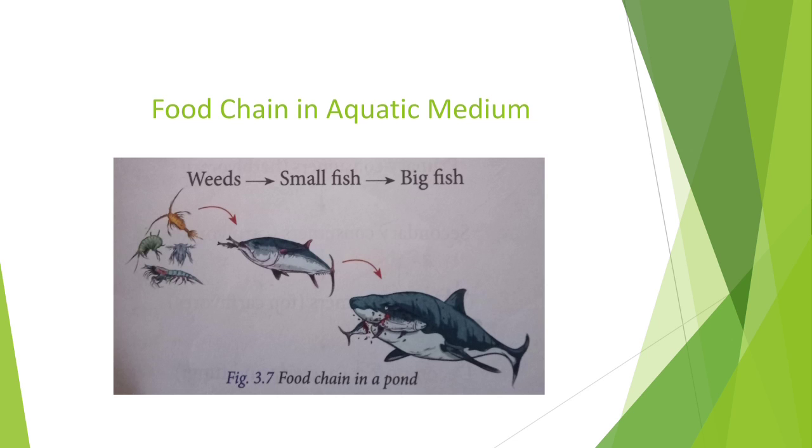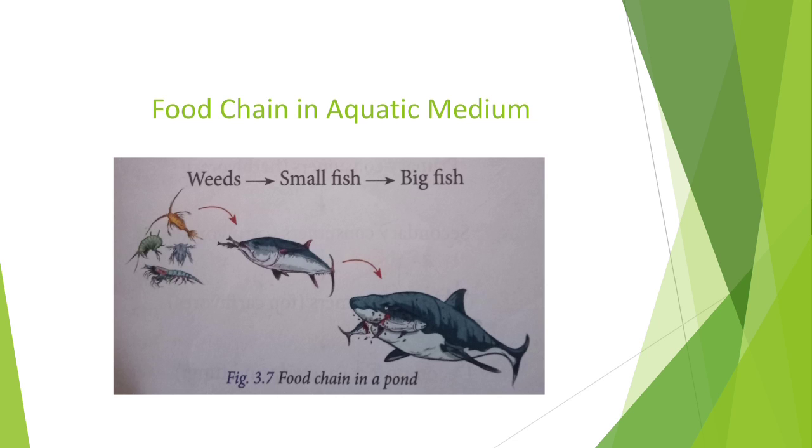Just look at the example. Weeds are eaten by the small fish and the small fish is eaten by the big fish. So the energy is transferred from the weeds to the small fish to the big fish.